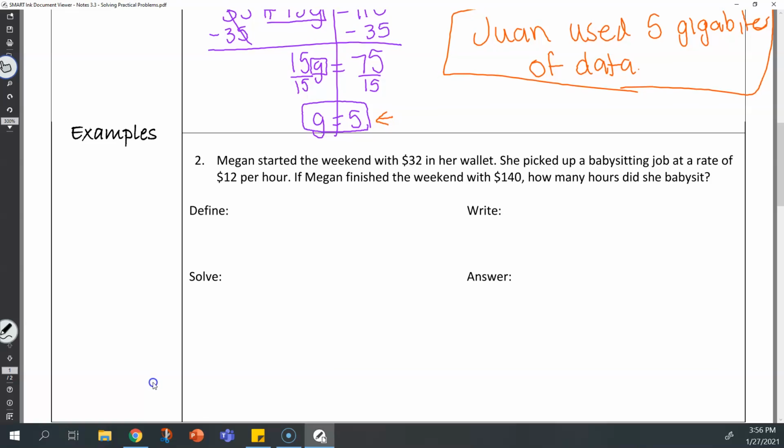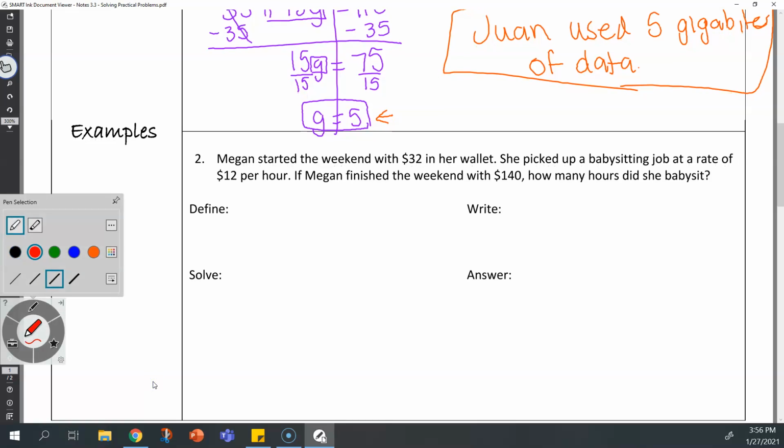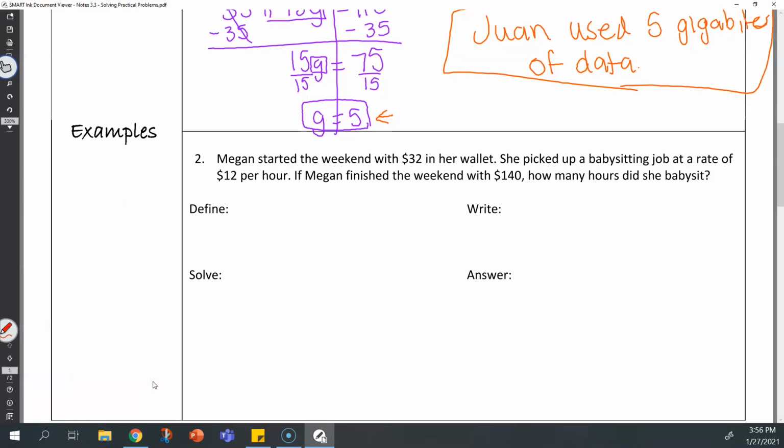So the first thing I'm going to do is define my variables. Let's read the question. Megan started the weekend with $32 in her wallet. She picked up a babysitting job at a rate of $12 per hour. If Megan finished the weekend with $140, how many hours did she babysit? So the first thing I want to do is define my variable. And remember that I'm going to do that by looking at the question of the word problem.